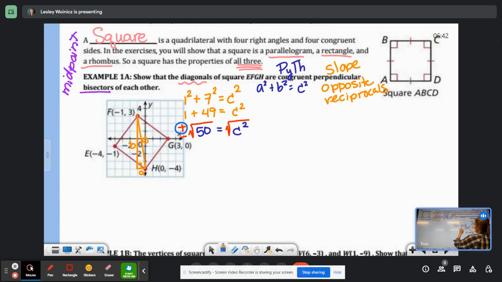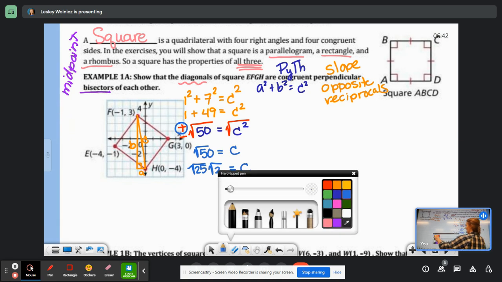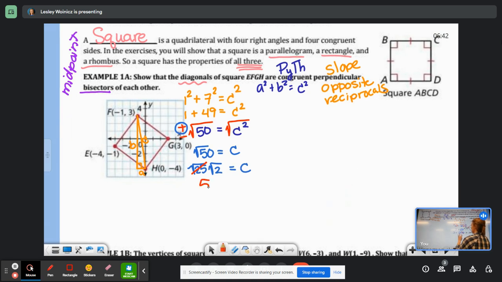So I want the positive square root of 50. Now, 50 has a perfect square factor, which is 25. So this is root 25 times root 2. We know the square root of 25 is 5. So that's 5 root 2 for our C.